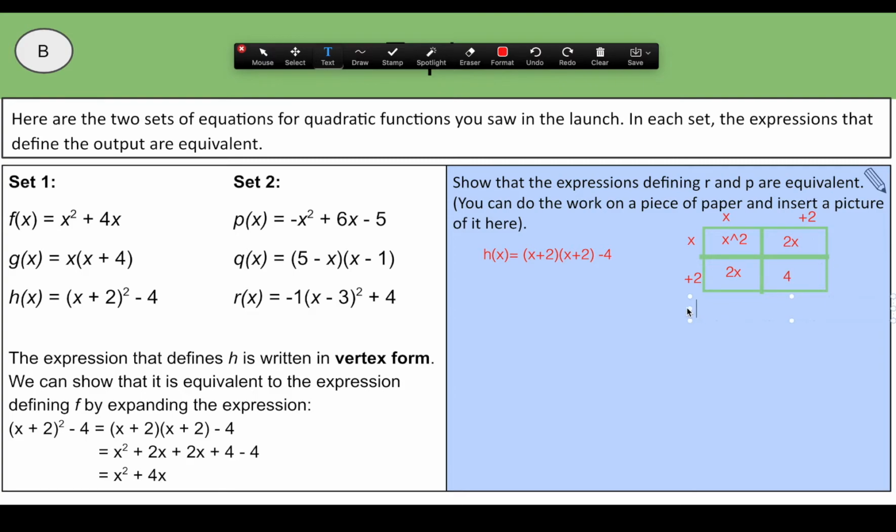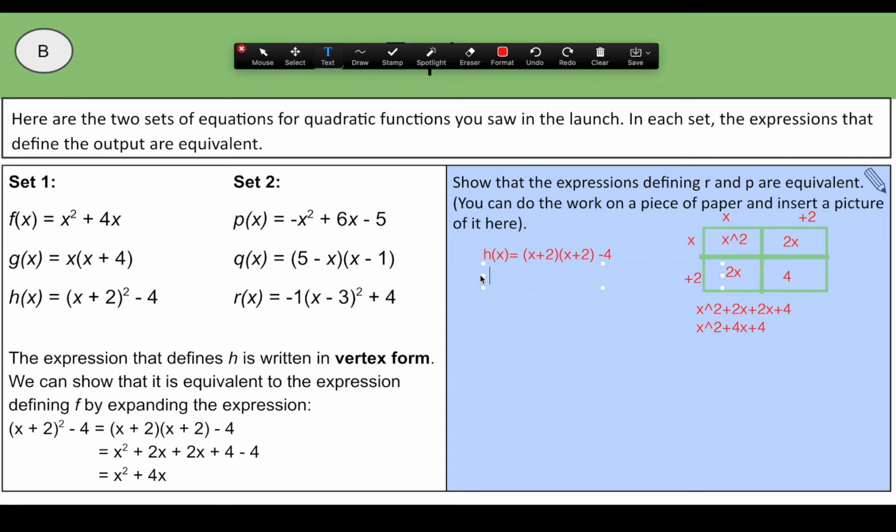So now we can rewrite this as x to the second power plus 2x plus 2x plus 4. We can simplify by combining like terms 2x and 2x, and now we get x to the second power plus 4x plus 4. X squared plus 2x plus 2x plus 4 simplified now to x squared plus 4x plus 4.